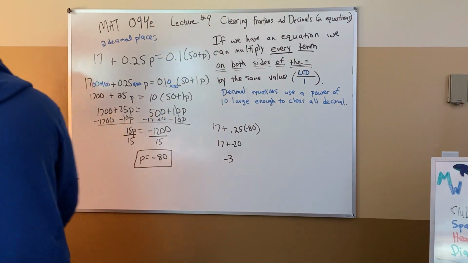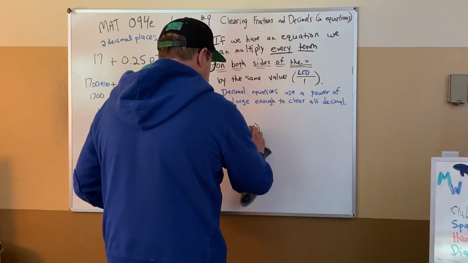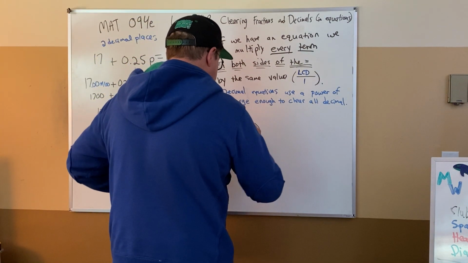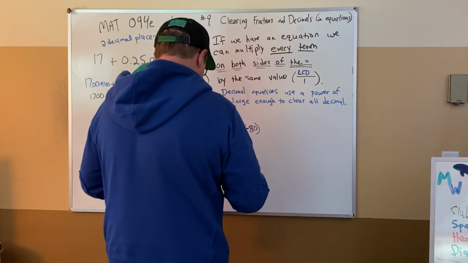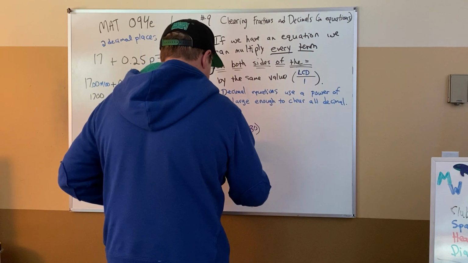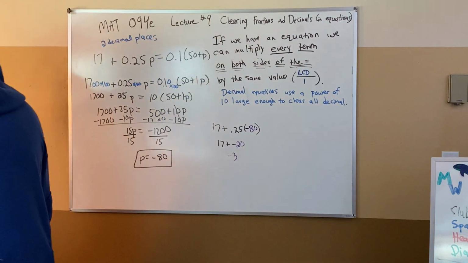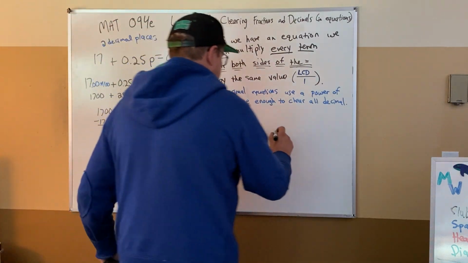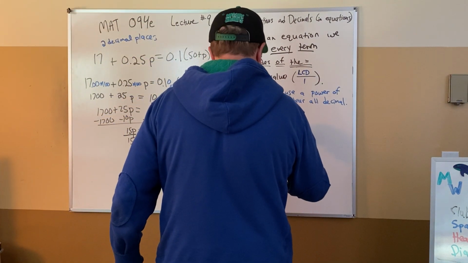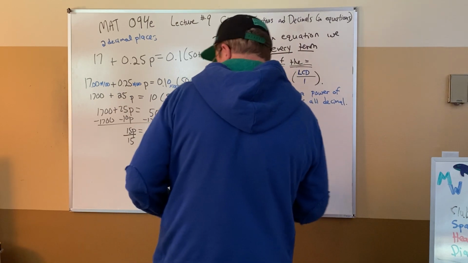Okay. So let me fix that. I had negative 80. Therefore, this 80 will go in as negative 80. This 20 will go as negative 20, and we'll get the target of negative 3. Okay, other side. We have 0.1 times 50 plus negative 80 goes in.